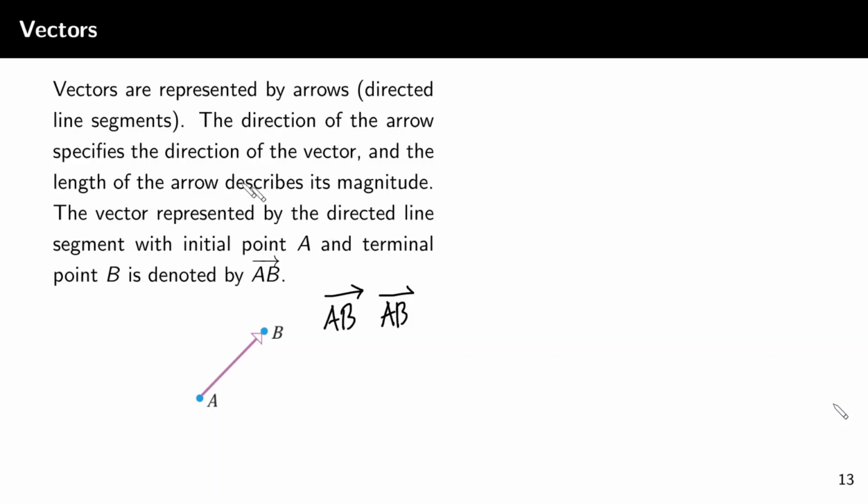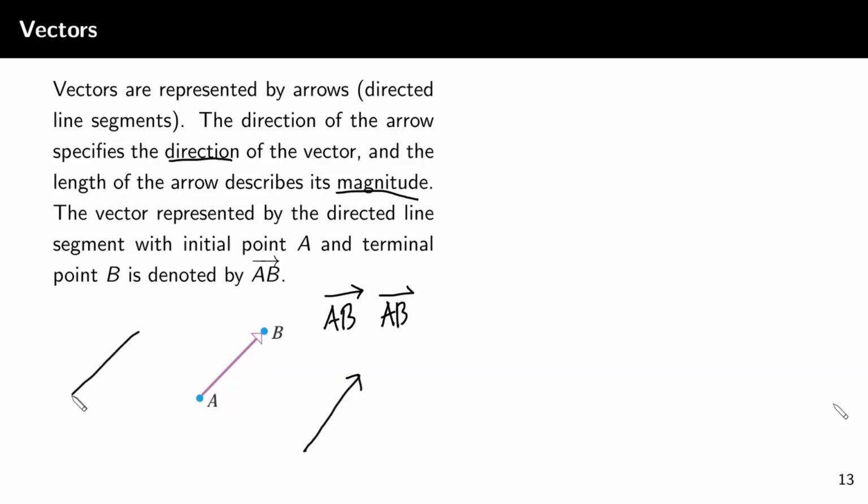Okay. Now, since all that defines a vector are magnitude and direction, if a directed line segment has the same direction and magnitude, then they will represent the same vector. So parallel directed line segments, for example, with the same direction, for example, this one, medyo hindi perfect yung drawing ko, but assume na parallel sila with this vector AB.